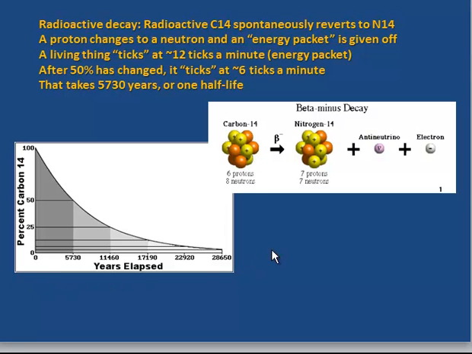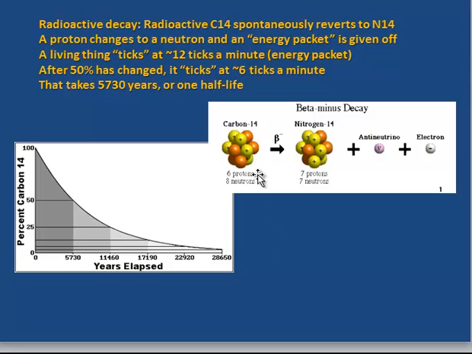That results in radioactive decay. As with all radioactive decay, carbon-14 in this case spontaneously reverts from the parent isotope to the daughter isotope. The parent isotope is carbon-14, the daughter isotope is nitrogen-14.